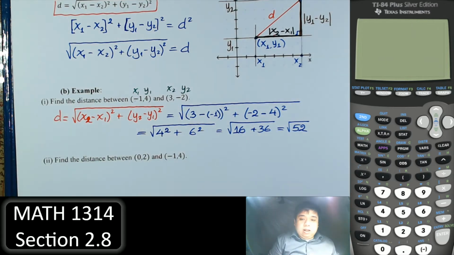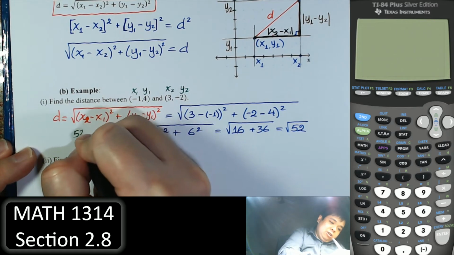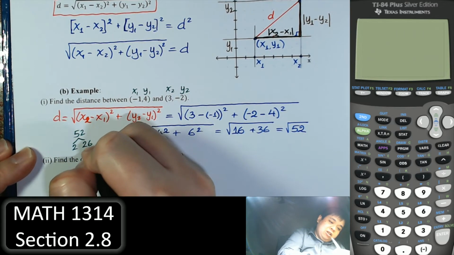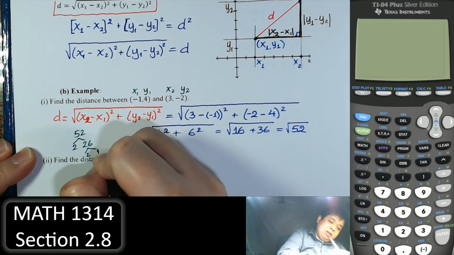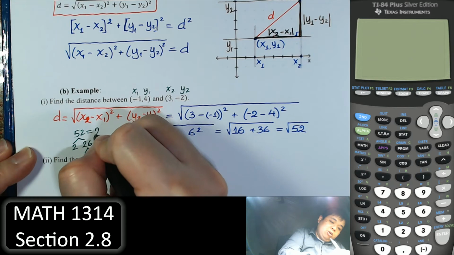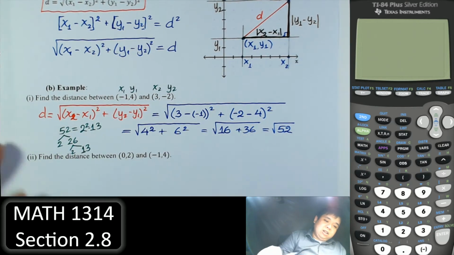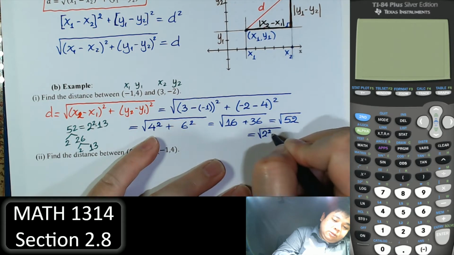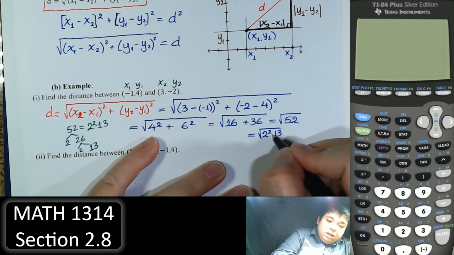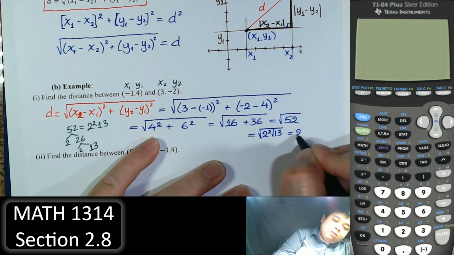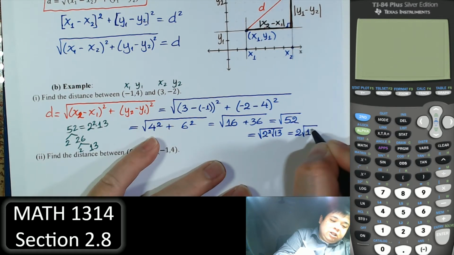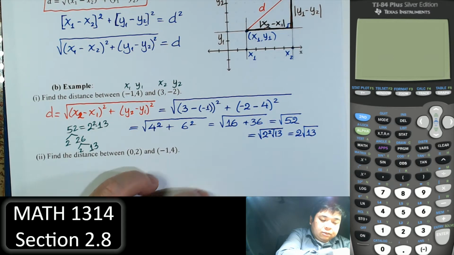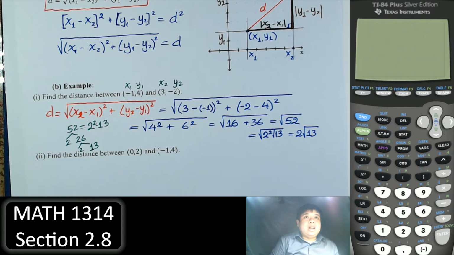Of course we can break down 52: it is 2 and 26, or 2 and 13. So 52 is 2 squared times 13. Square root of 2 squared is 2, so we just have 2 square root of 13. Simple as that.